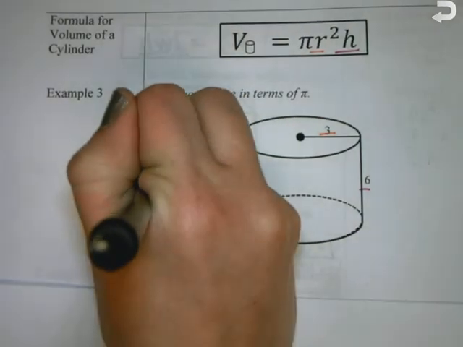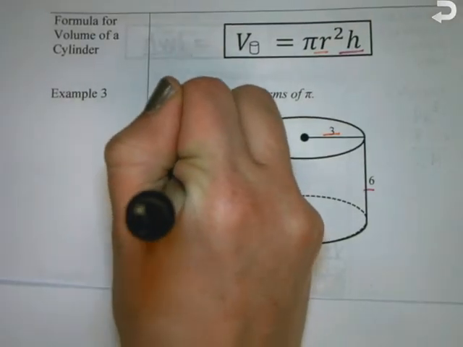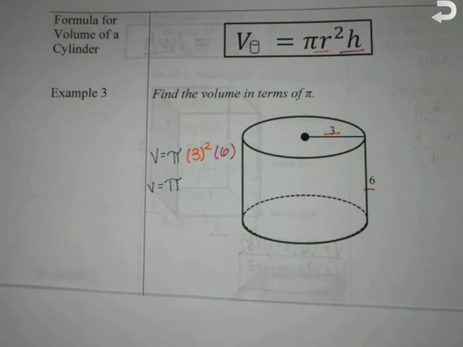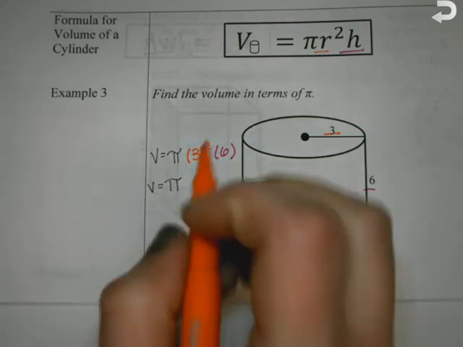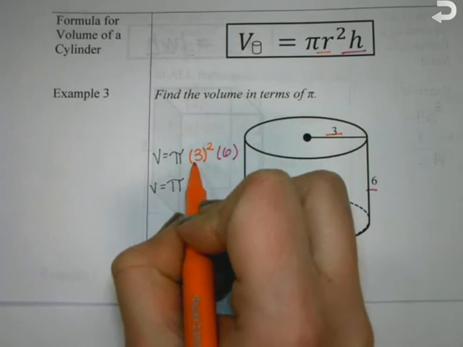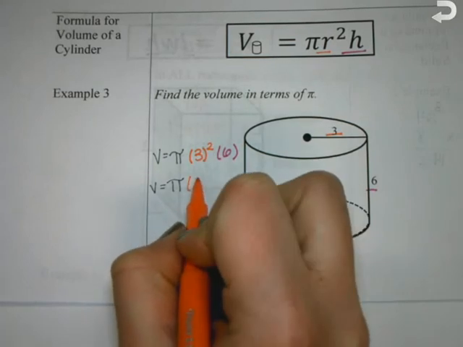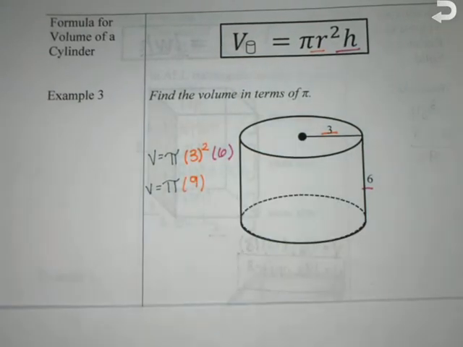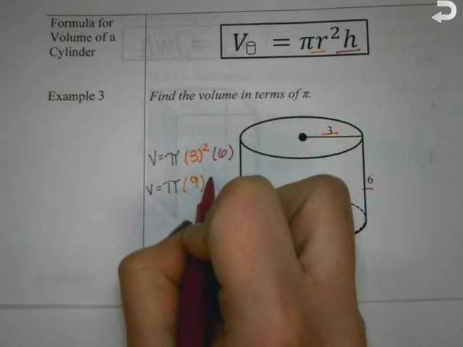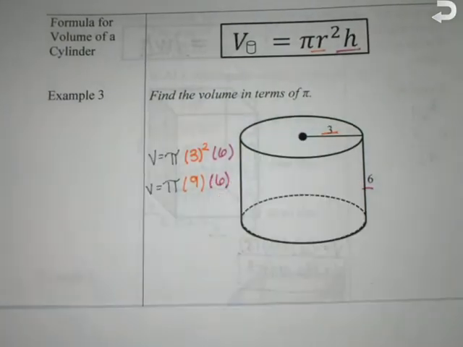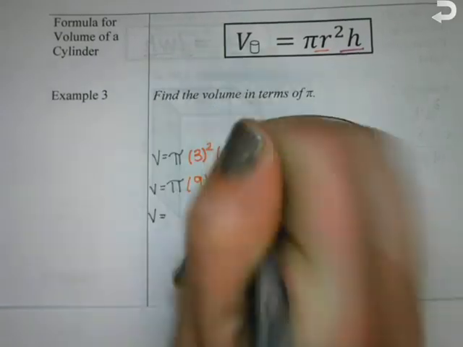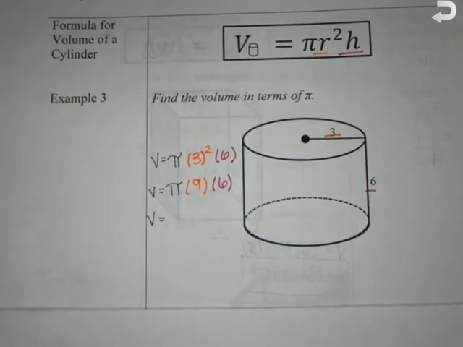What is 3 squared? 9, very good. 3 squared means 3 times 3, which is 9, times 6. And what is 9 times 6? 54. Now, what did I tell you about numbers and pi? Numbers first. Very good. So the answer is 54 pi.